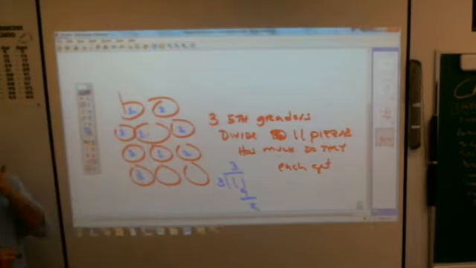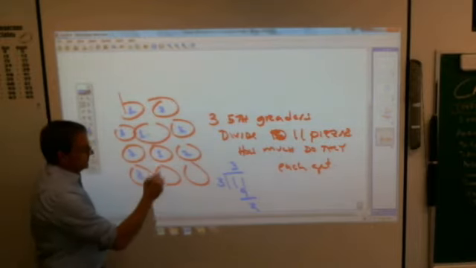How do I split 2 pizzas among 3 people? Caleb, how do I split 2 pizzas among 3 people? What do I have to do to each pizza? Cut it into what? Nope, halves wouldn't work because it doesn't go in there. Ava? Cut it into thirds.